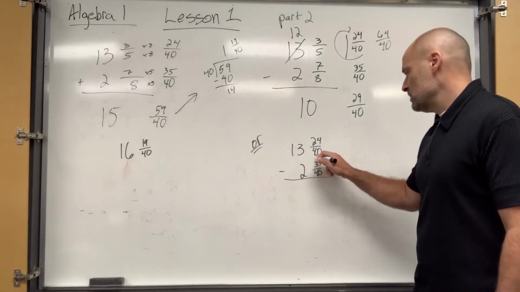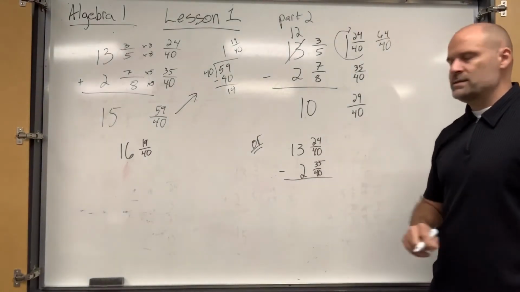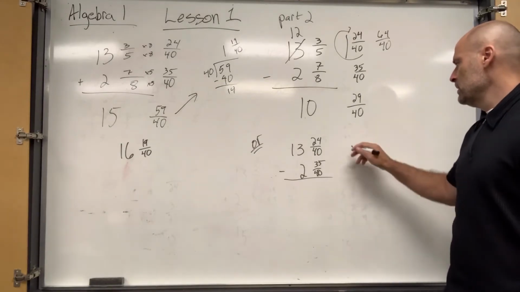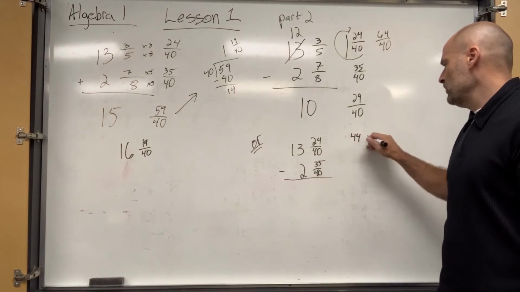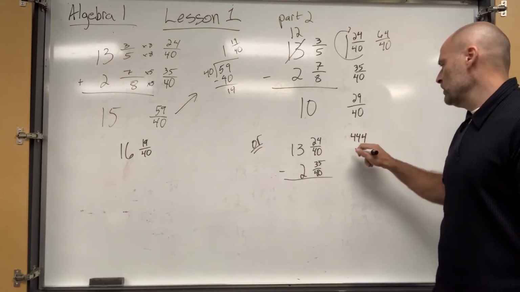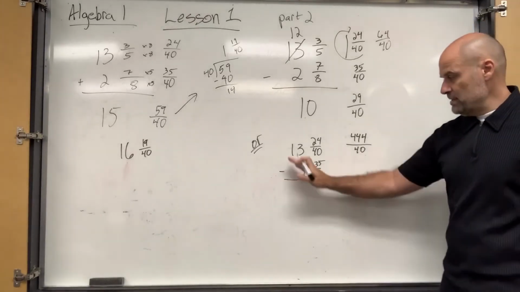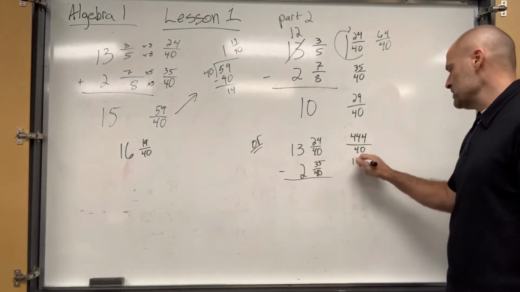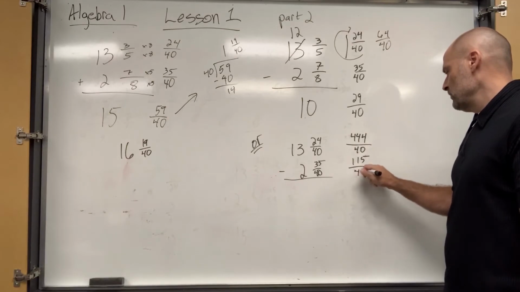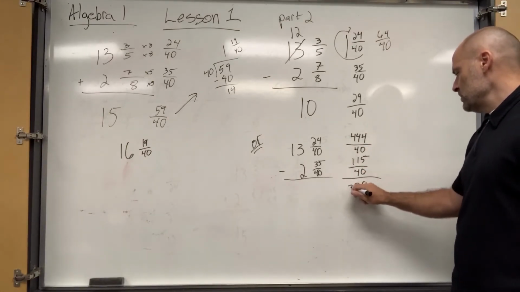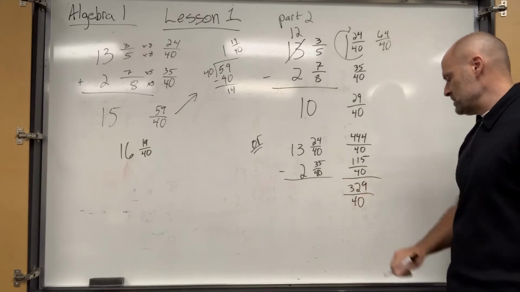So you can just multiply 40 times 13, which is 520, plus 24 is 544 40ths. And then do the same thing, 80 plus 35 is 115 40ths. When you subtract, you get 429 40ths.